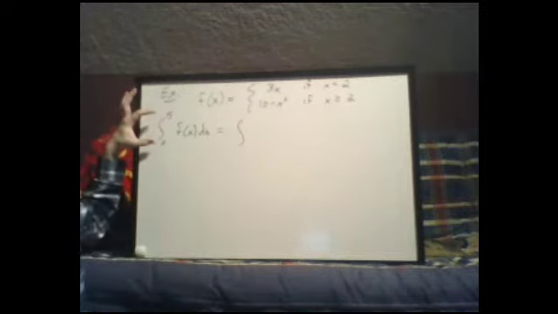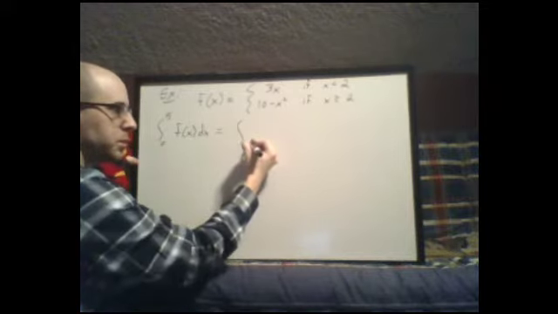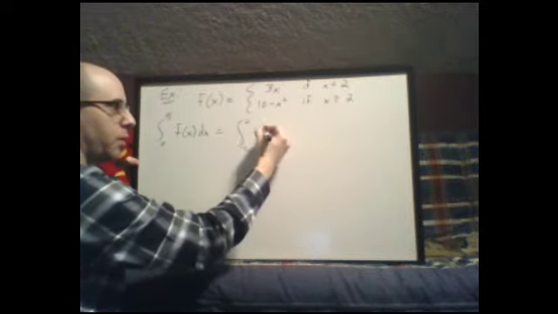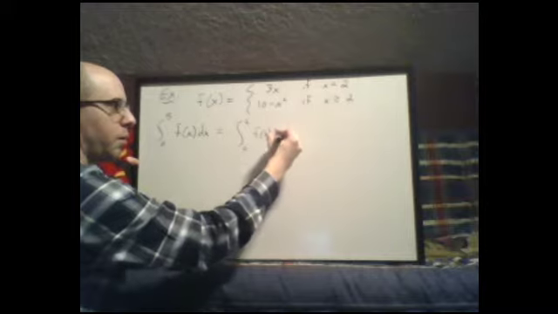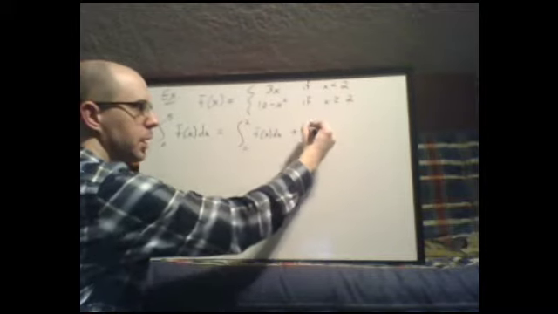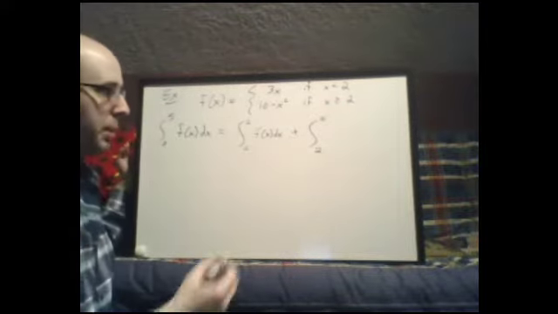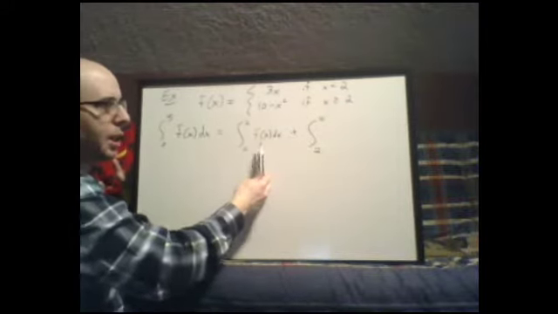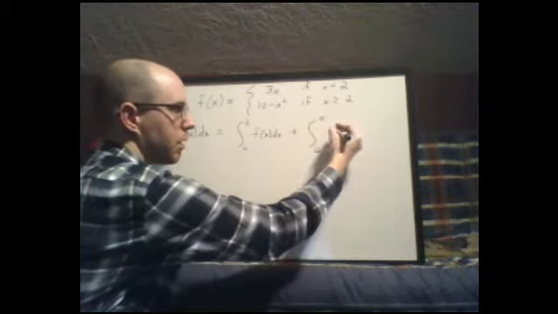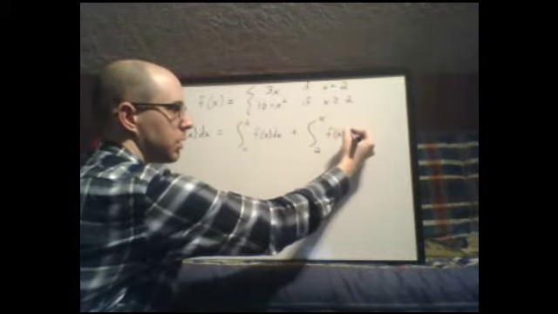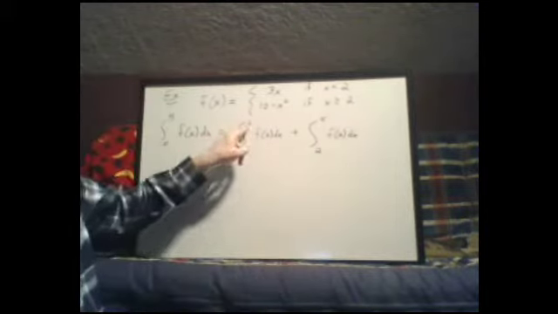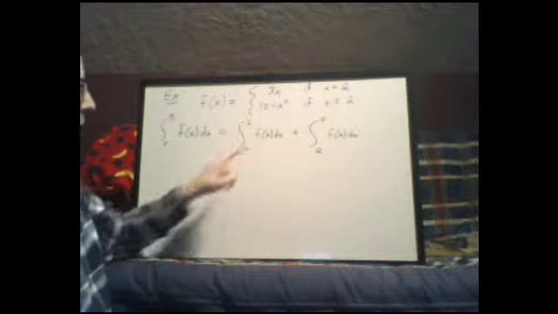I go all the way from 0 to 5, but I want to go from 0 to 2, and then from 2 to 5. And by my additive property, it splits up as a sum of these integrals where it breaks up at 2.